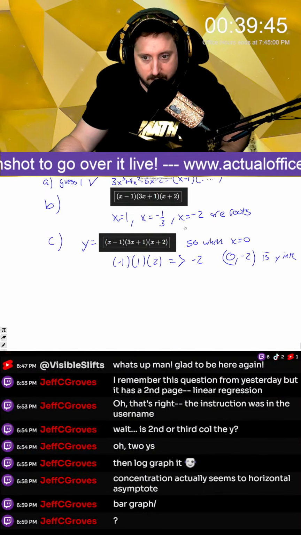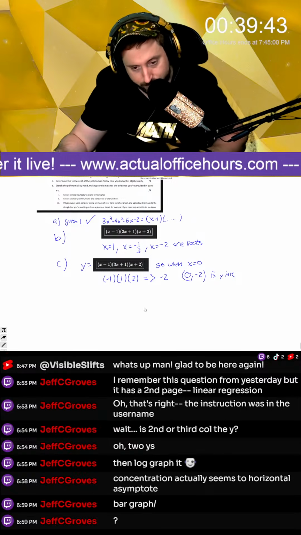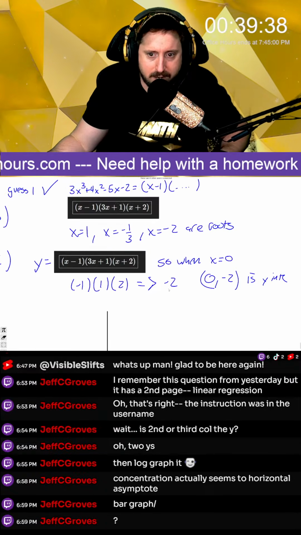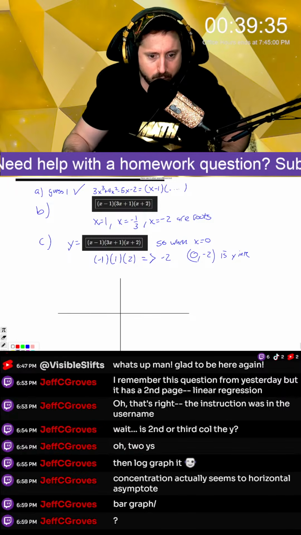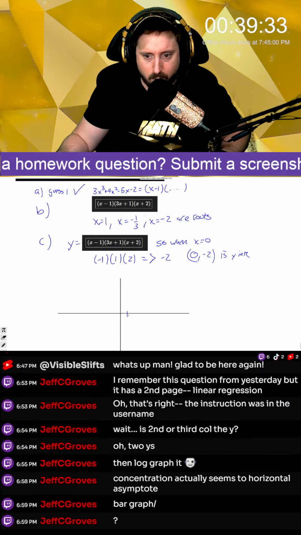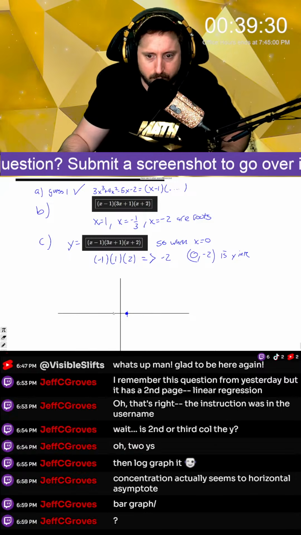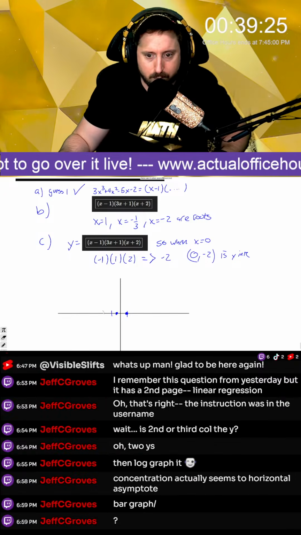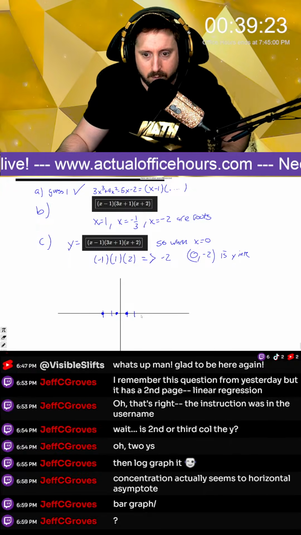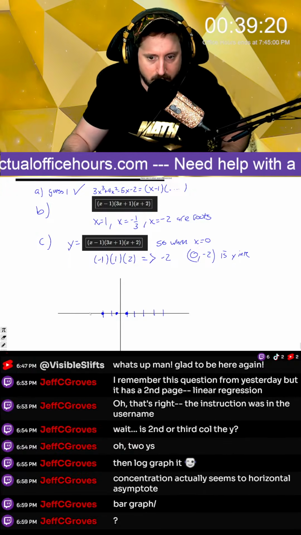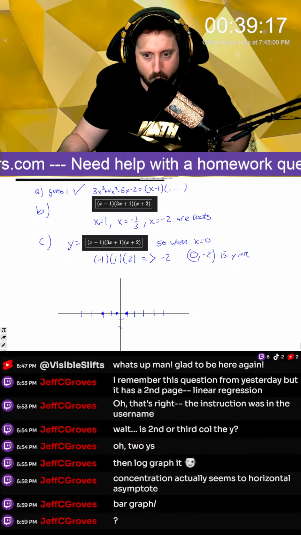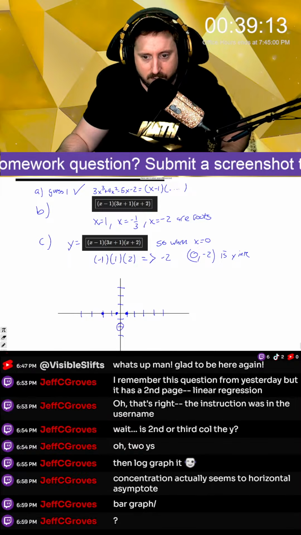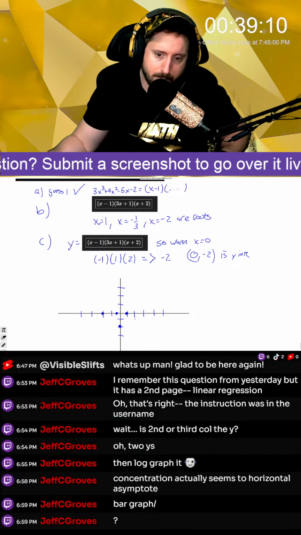Sketch the polynomial by hand. Yep, this is cool. So here's how I sketch it. First thing I'm going to do is put down my zeros or my roots that I found. So I know there's a root at 1. I know there's another root at negative 1/3. So let's put that there. And then I know there's another root at negative 2. And the additional information I have here is that the y-intercept is at negative 2. So that means this is also going to be a y-intercept, right?